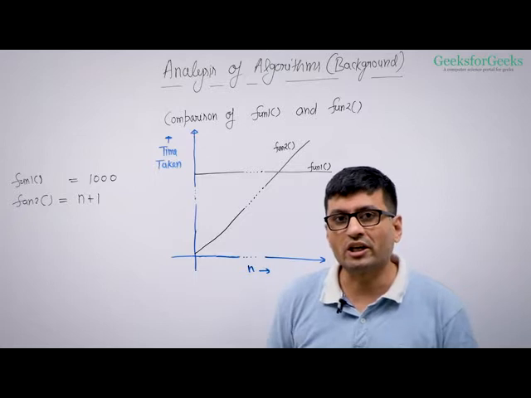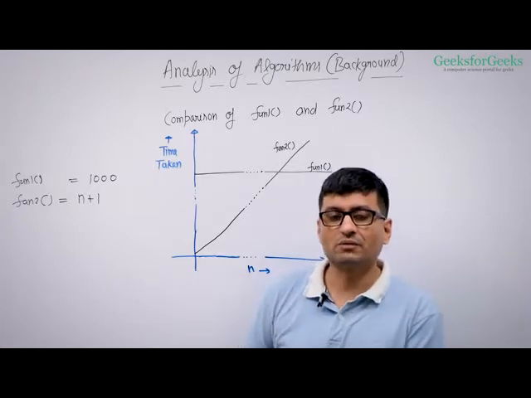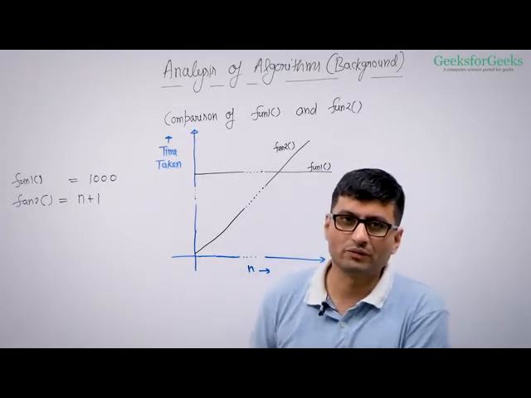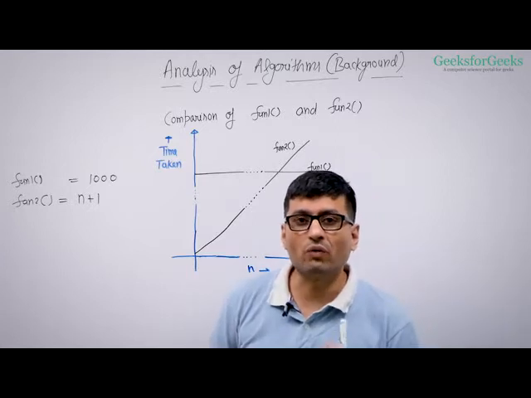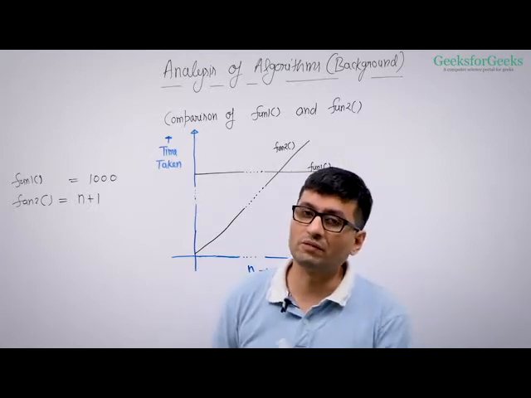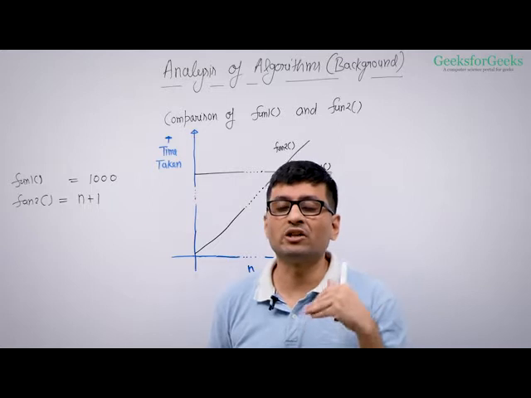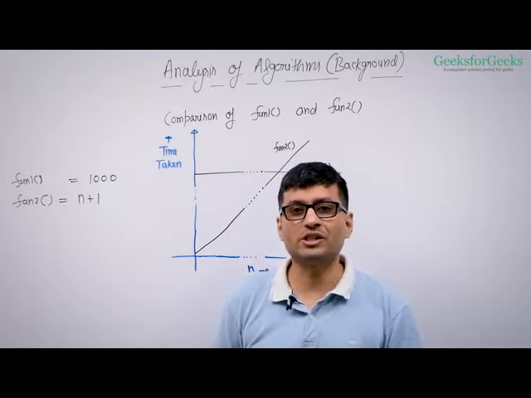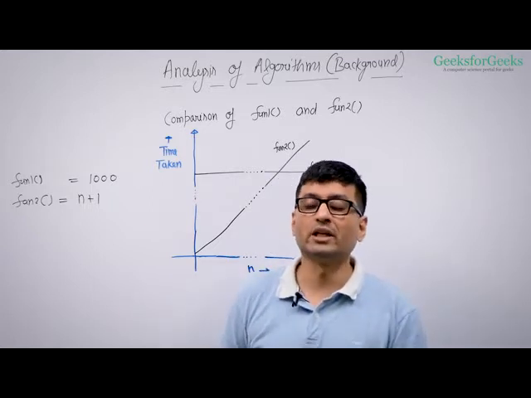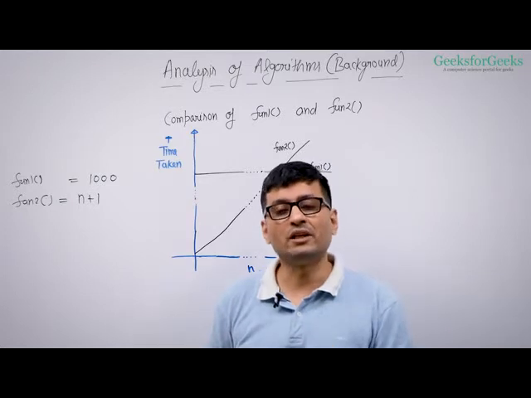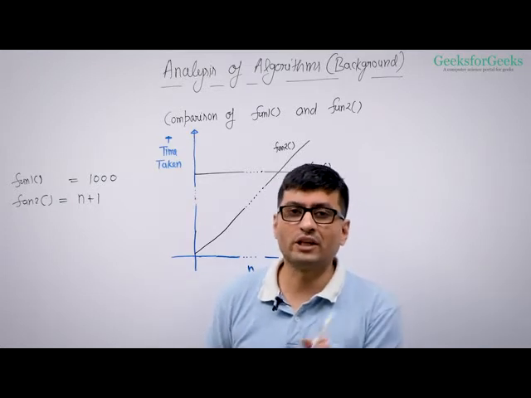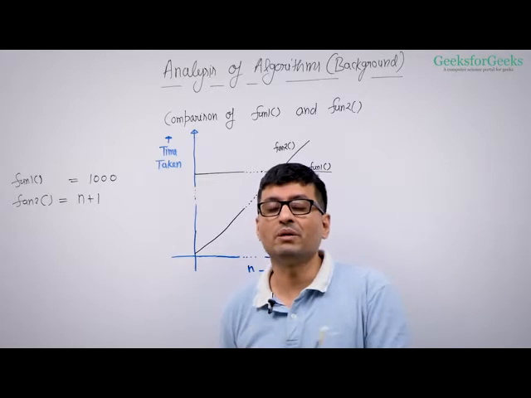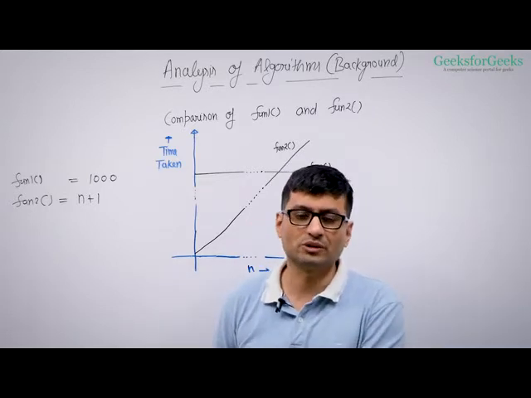Now this theoretical analysis fails for small values of n. But if you talk about the value of n when n tends to infinity, there is again going to be a value of n after which your program is going to take less time, even if you are running on mobile and your friend is running on a fast machine, maybe using a faster programming language as well.